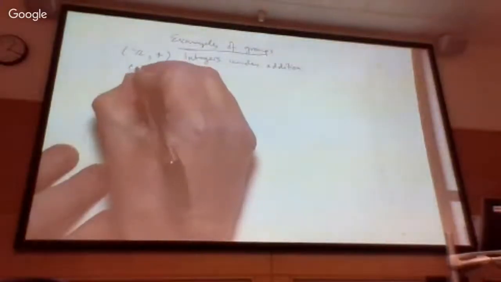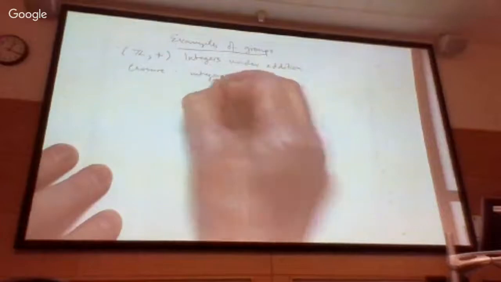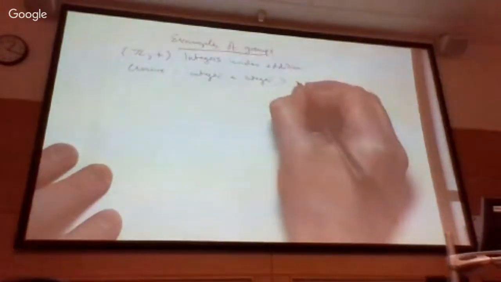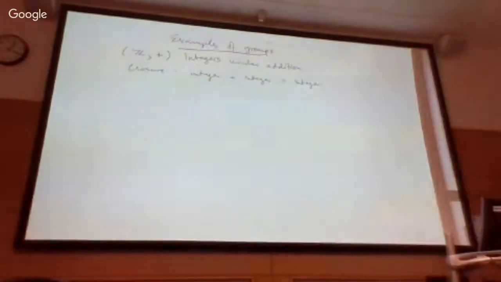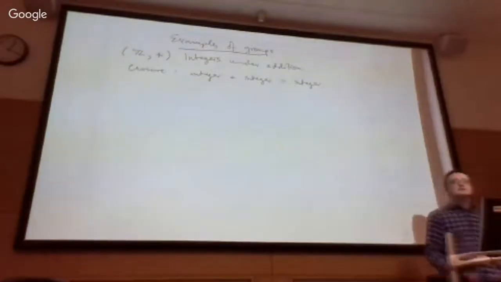Firstly, closure. Well, we won't worry about the proof of it, but we're pretty familiar with the fact that if you add two integers, you get an integer. Take two integers and add them, you're going to get another integer.